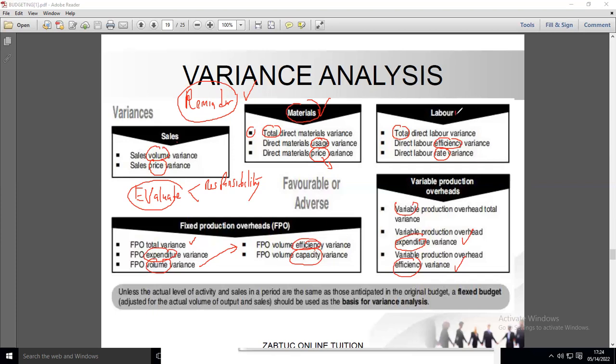Labor is the same. The guys in the factory are going to be responsible for the efficiency. The HR people are the ones who are going to be answerable for the rate. The point is, one area of evaluation is the fact that the variance is split into sub-components.